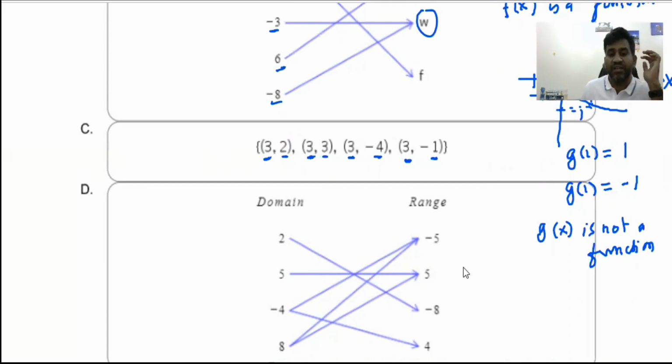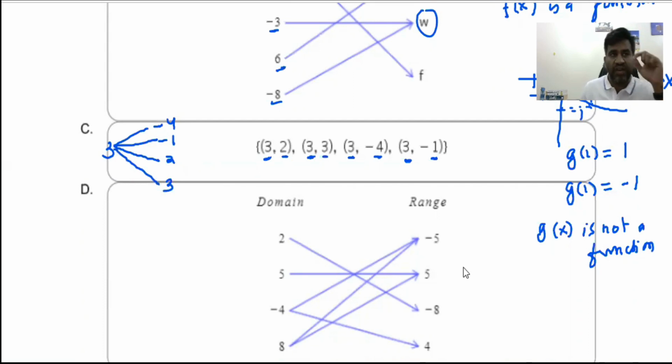If I represent it in terms of a diagram, this is what is happening. I can write it as same input 3, and I am getting -4, -1, 2 and 3. For the same input, I'm getting four different outputs, and that is not possible.